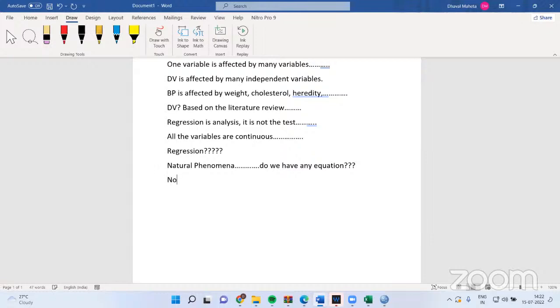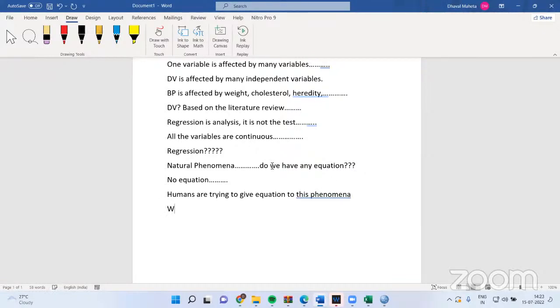So we don't have any equation. No equation is available, right? So humans are trying to give an equation to these phenomena.